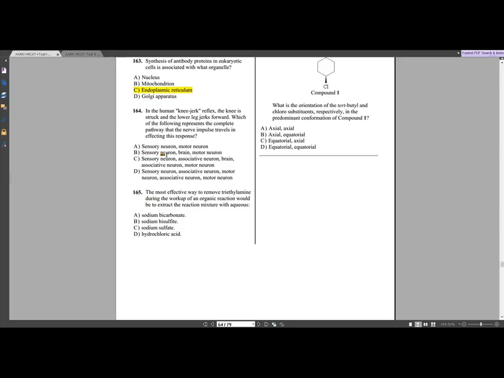Then it goes to the relay neurons, which is associative. Then no, that's not D. Or associative neurons to the brain. It doesn't go to the brain. It goes to the spine.